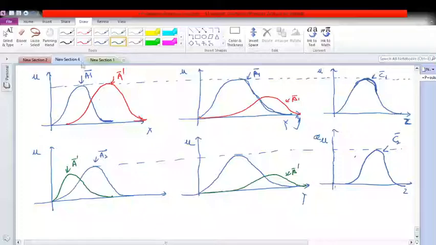Okay, so for that, what is to be done? You find out the intersection of a1 bar with a bar dash, find out the intersection between b1 bar and b bar dash, and then this is my w1.